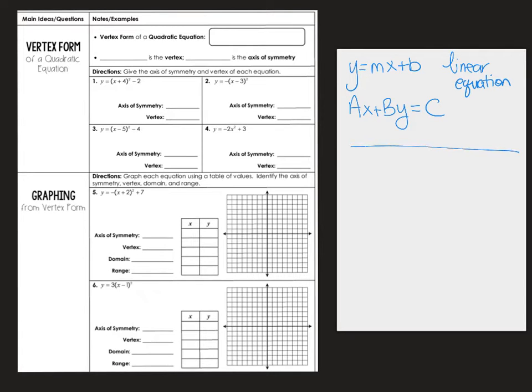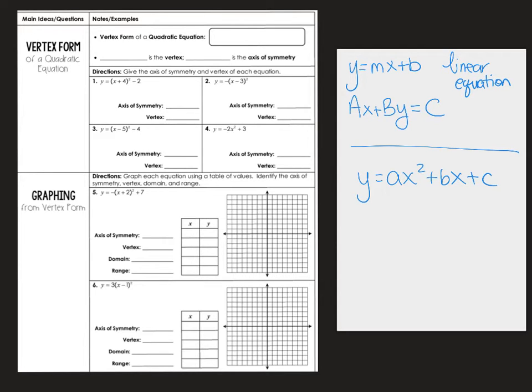So we have our quadratic equation, which is y equals ax squared plus bx plus c. Vertex form is just a different way to see the quadratic equation. It's set up with some similar components, but in general it just looks different and has some different letters thrown into the mix.